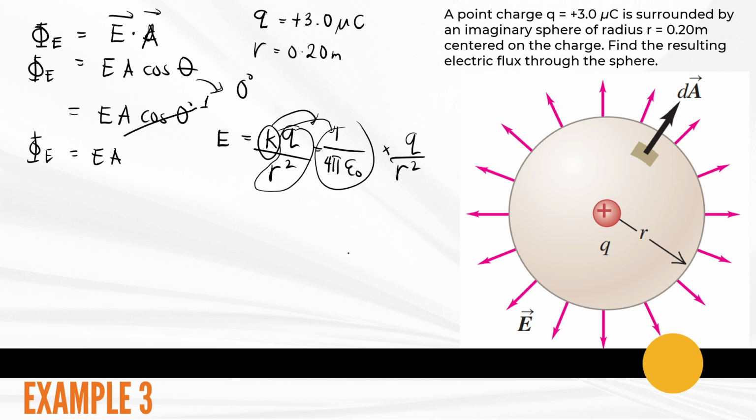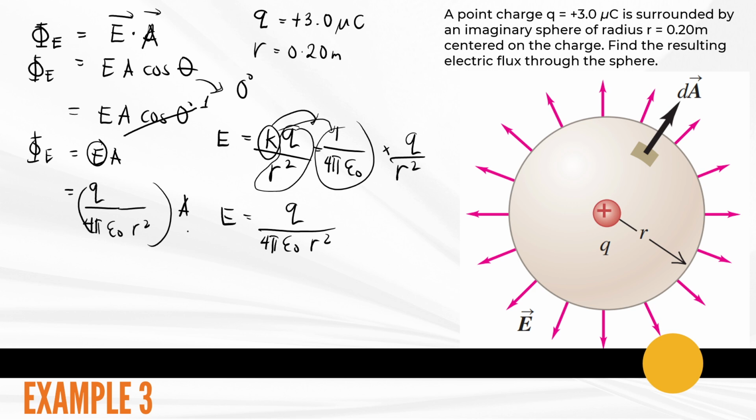Now, tingnan mo mabuti. Pwede kong ilagay to, itong E na to, E is equal to Q over 4 pi epsilon naught R squared dito, sa E ko dito. Okay? So, lagay ko Q over 4 pi epsilon naught R squared times yung area ko. Now, itong area ko, guys, anong area to? Area, of course, ng aking surface area ng aking sphere.